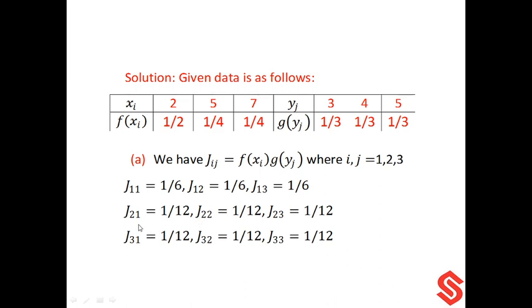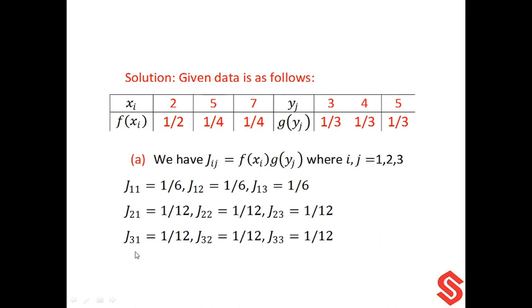Next J21. J21 is f of x2 g of y1, 1 by 4 into 1 by 3, 1 by 12. J22, f of x2 into g of y2, 1 by 4 into 1 by 3, 1 by 12. J23, f of x2 and g of y3, 1 by 4 into 1 by 3 is 1 by 12.